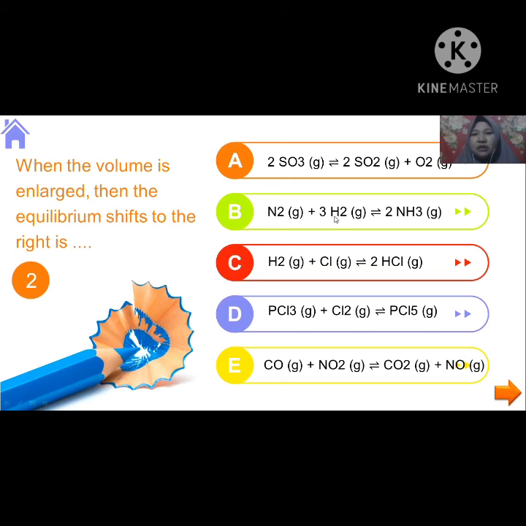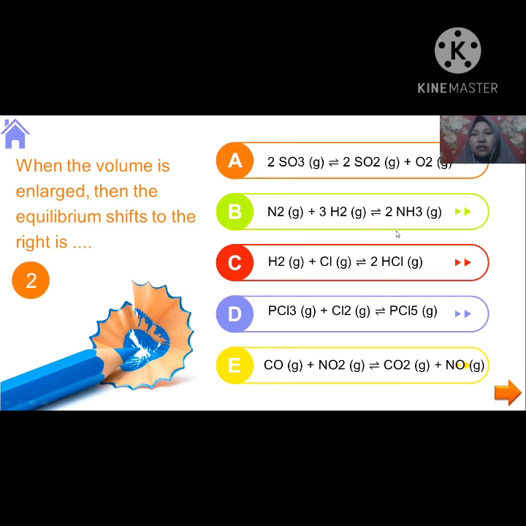B: the left side is 4 and the right side is 2. C: the left is 2 and the right is 2. D: the left is 2 and the right side is 1. And E: the left side is 2 and the right side is 2.